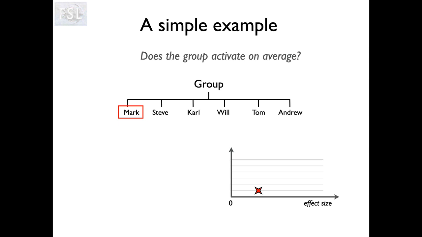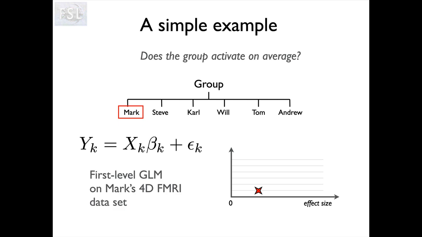So we have one measurement that we've got from that particular subject, and we've got that through using our first level GLM. So in this case, Y was the data that we recorded from the scanner. X is our design matrix, which encoded our predicted responses, so the combination of the HRF with our stimulus timings. The betas were the fitted amplitudes that we had, and then the epsilon was the residual noise. There's a K subscript across all of this because actually it'll be different data and potentially different design matrices, certainly a different GLM for each of the individuals within the group.